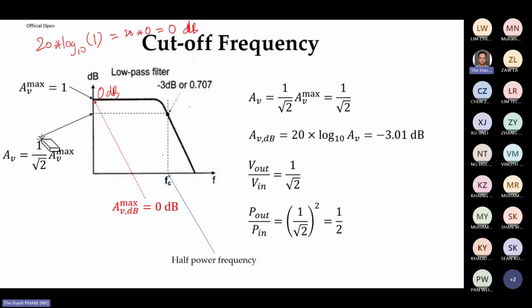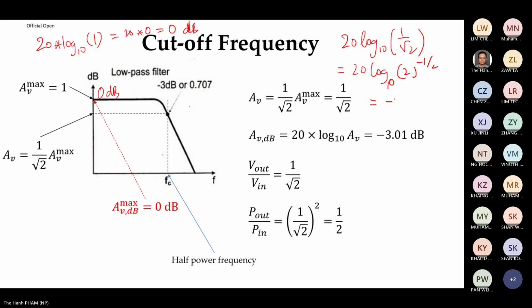Now, why 1 over square root of 2? It is because 20 times log base 10 of 1 over square root of 2 is similar to 20 log base 10 of 2 to the power of minus half. And this becomes 20 times minus half times log base 10 of 2.